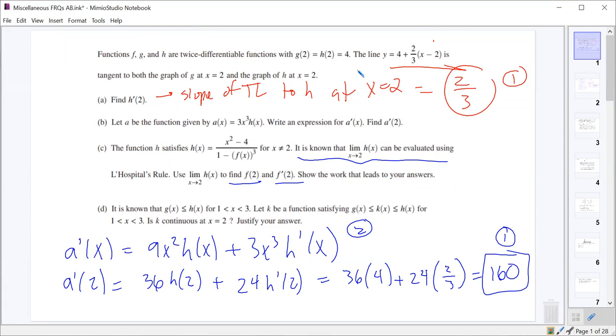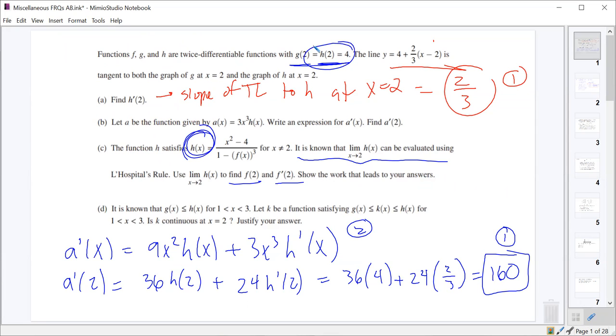Where did it go? No, that's not why. It said it in here somewhere. Oh yeah, h of x, right, there we go. h of x is this. So h of 2 is 4.